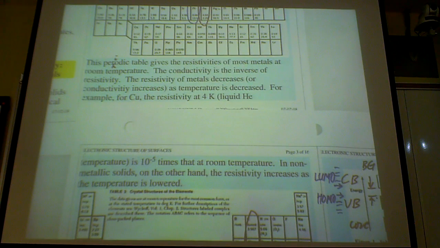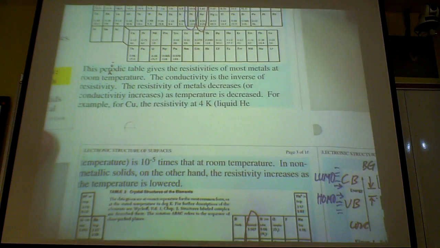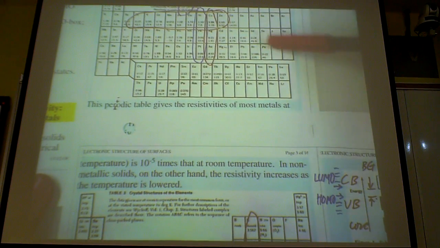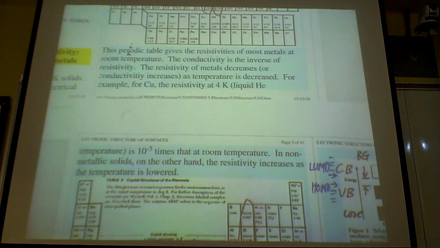Right? So as you cool your metallic material, they all behave like that. They all have this temperature dependence, that as you cool more, the conductivity will increase, whereas the resistivity will go down. In non-metallic material, however, like insulator, plastic, or some of these on the other side of the periodic table, these are molecular solids, then it's the other way around.